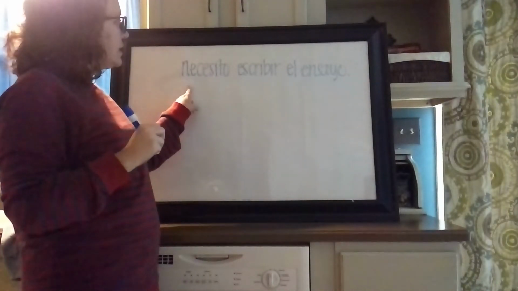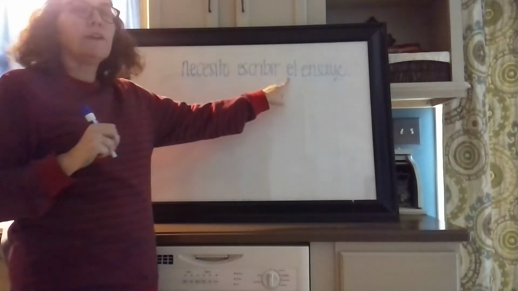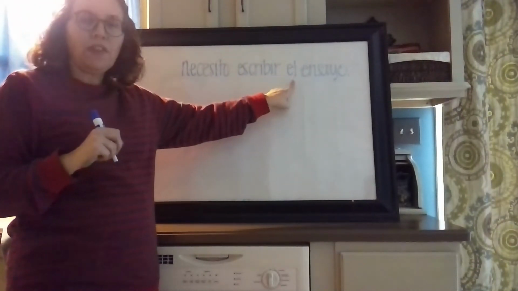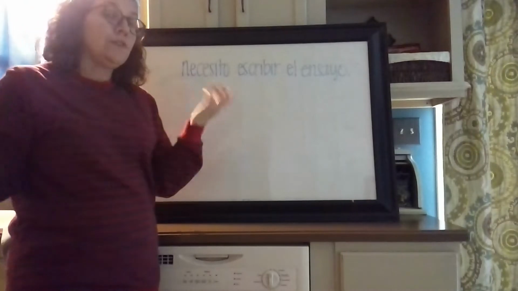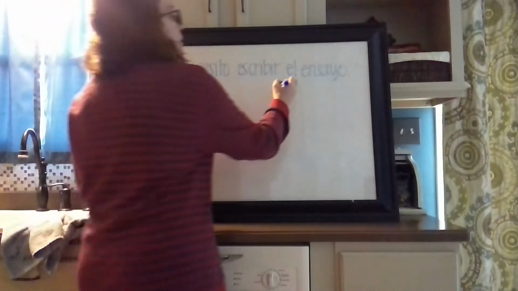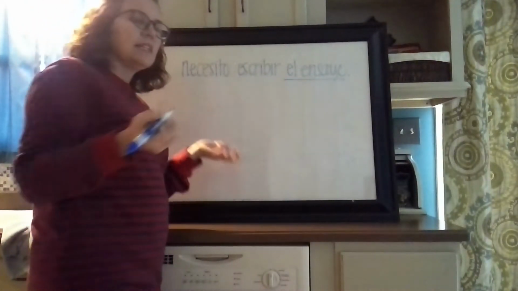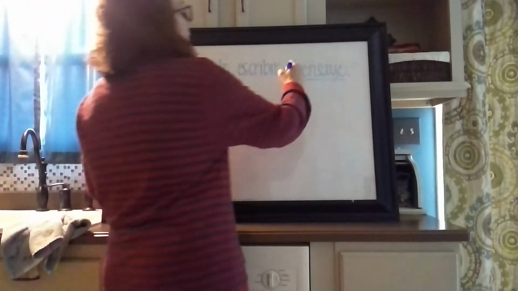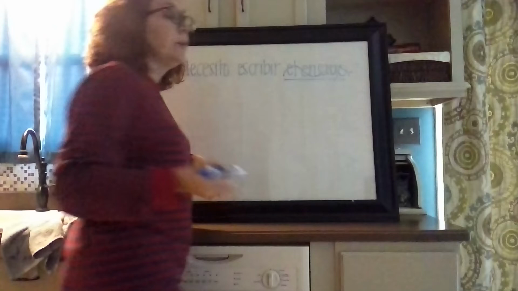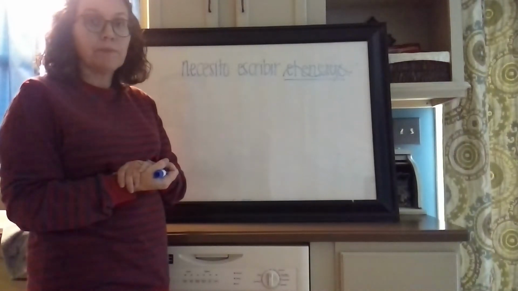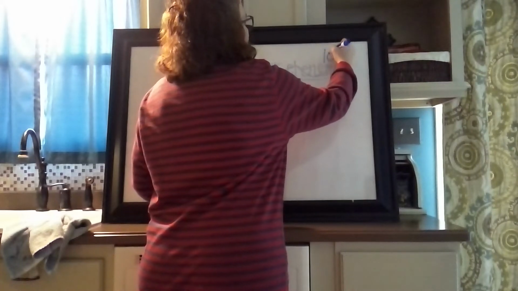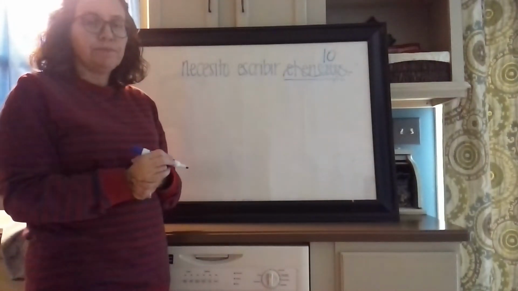It says, necesito escribir el ensayo. I need to write the essay. What do I need to write? El ensayo. Sí. So we're going to get rid of el ensayo and we're going to replace it with which DOP? Lo. Good, because el ensayo is masculine singular.